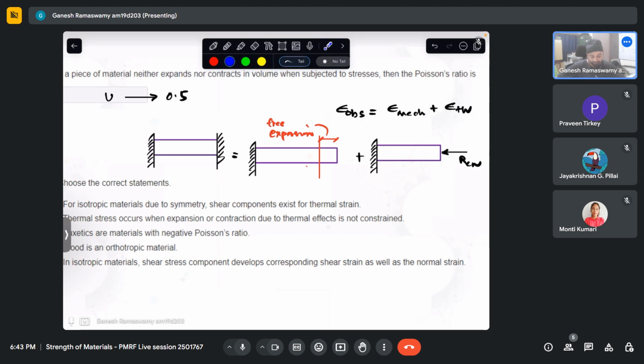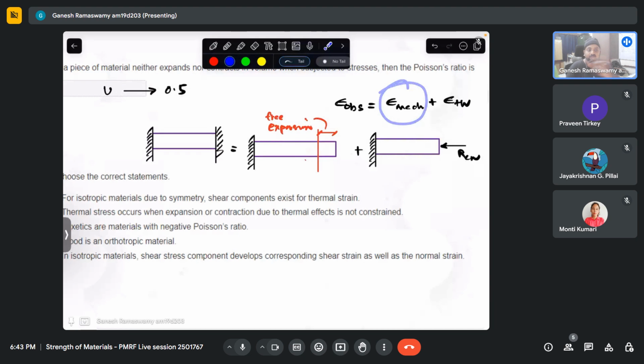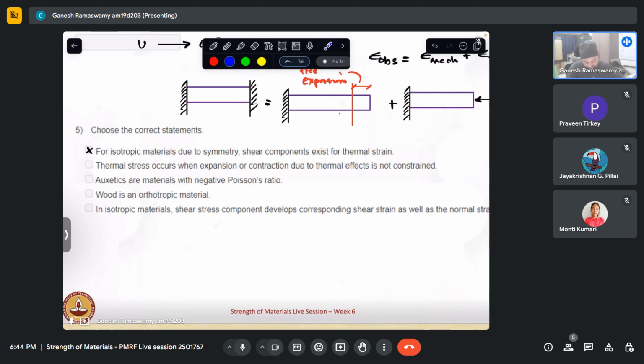So the thermal strain would have been this much. So the mechanical strain in terms of this reaction has to nullify this in order to bring it back to the same position. So once mechanical strain comes about, then naturally from our constitutive relation we can get back to our mechanical stresses, which are also called thermal stresses when these come about because of thermal strains.